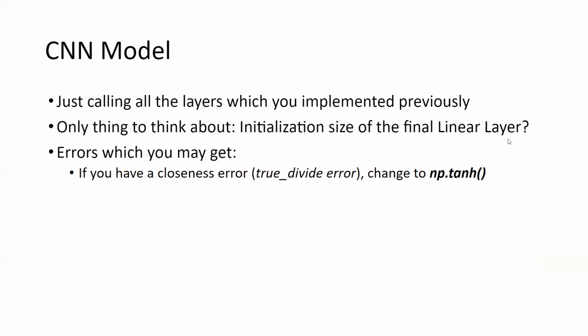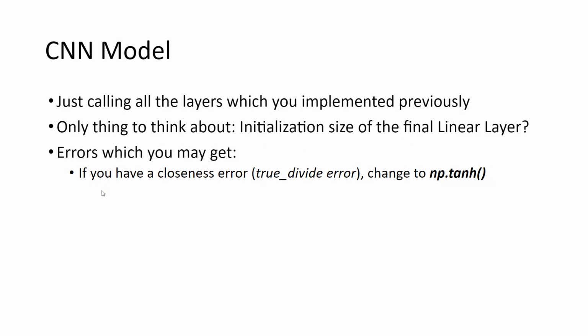When you flatten, what would be the shape of it? When you go through every CNN layer, you can compute the height and width of the output of each layer. Once you have that, in the end, you will know what the final dimension of the flattened output will be. That can be passed as the input size to your linear layer.